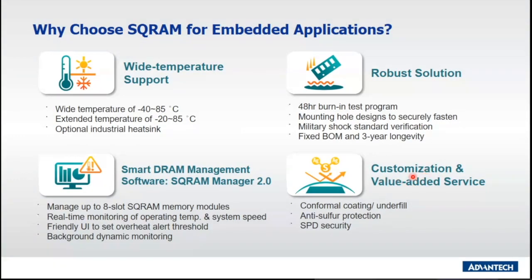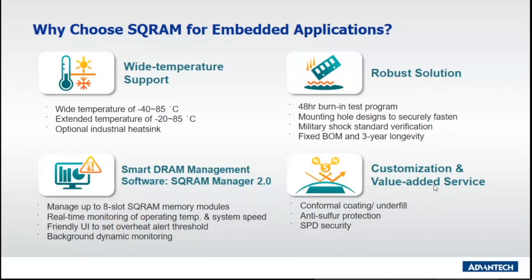So why choose SQRAM for your embedded or IoT application? Firstly, SQRAM has a wider temperature support up to 85 degrees Celsius with an optional industrial heatsink supported as well. It is also bundled with SQRAM Manager 2.0.